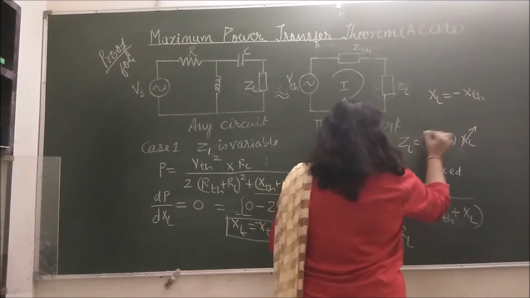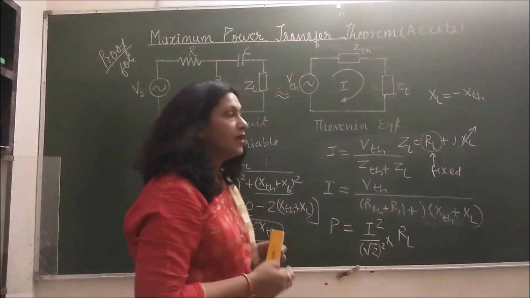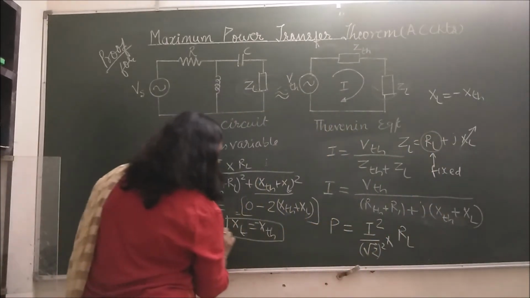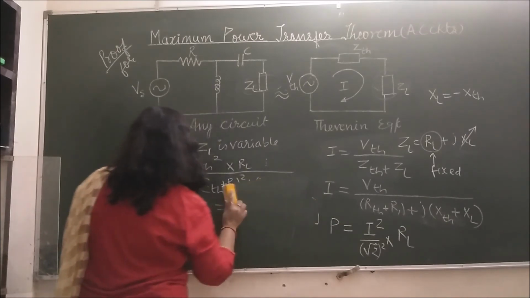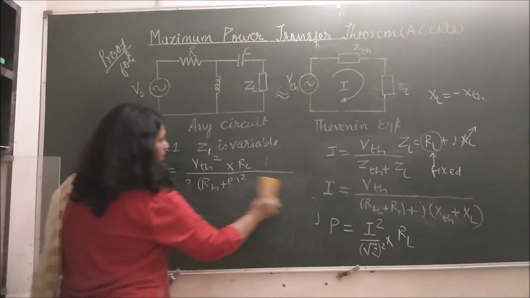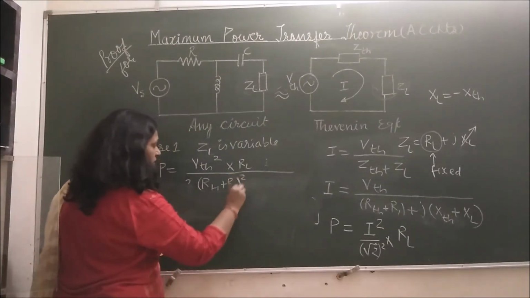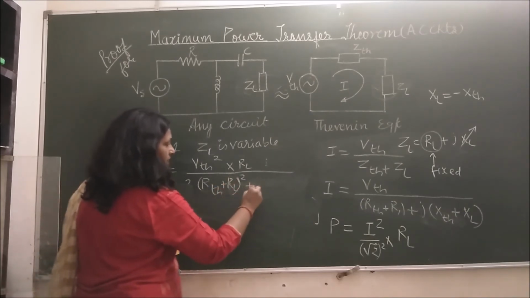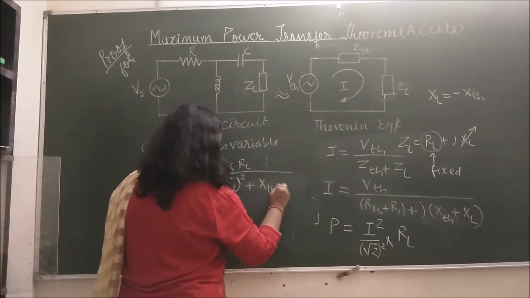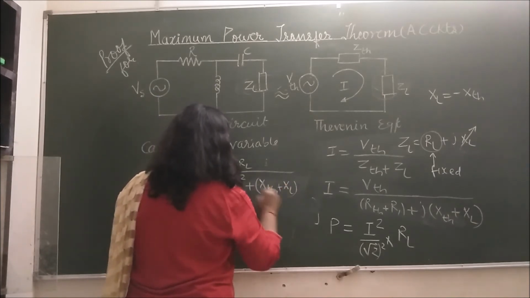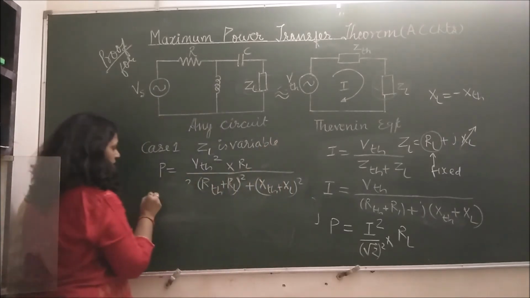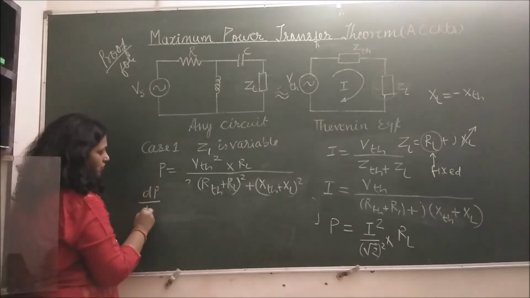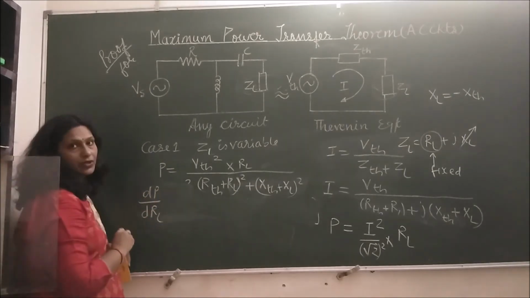Now find the condition for RL and substitute this in the equation. Again we take the equation for P and differentiate it with respect to RL and equate it to 0.